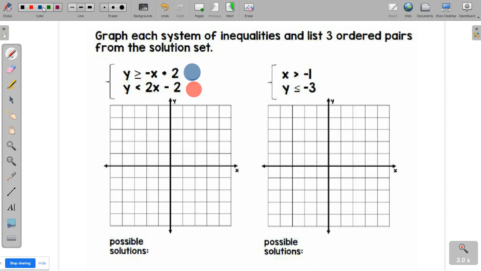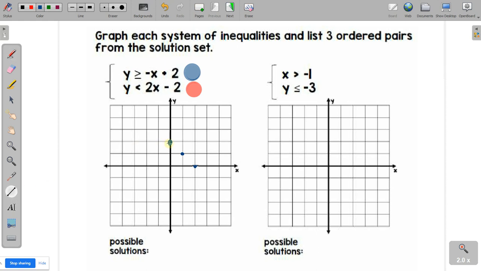Our first line, we have y is greater than or equal to negative x plus 2. Start the y-intercept at 2. Put your point. Then we have a slope of negative 1, so down 1 to the right 1. And this is a solid line.